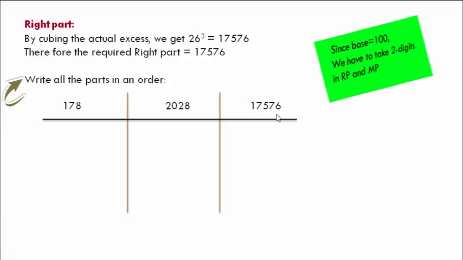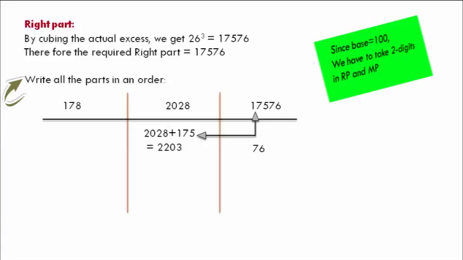So we have to take only the last two digits, that is 76, and the remaining excess digits should be sent over to the next part, that is the middle part, as carry-ons, and these digits should be added with the middle part. So by taking this 175 to the middle part and adding, we get 2028 plus 175 is equal to 2203.